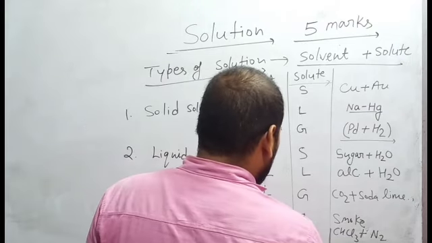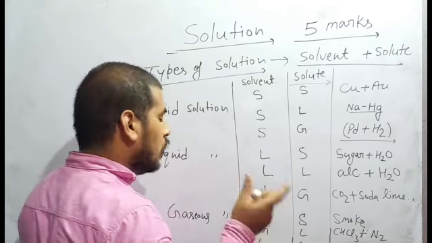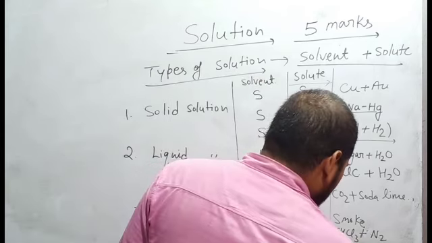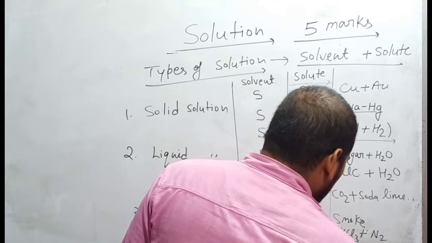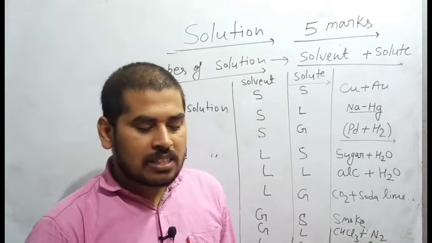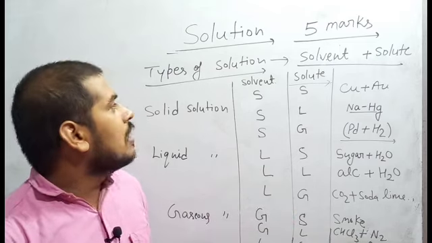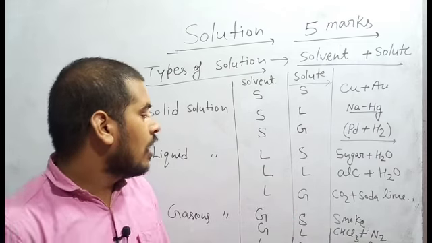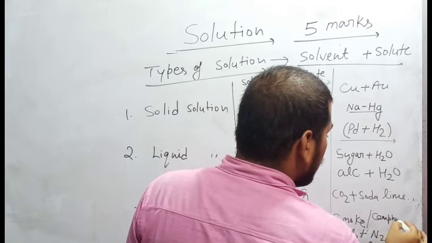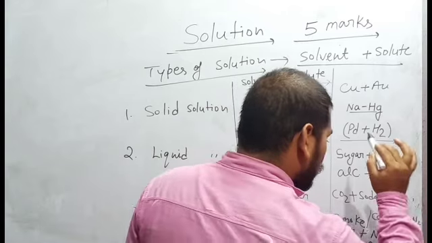And if the phase of solvent and solute both are gaseous, means N2 plus O2. So these are the types of solution. Here we can also write camphor plus N2.